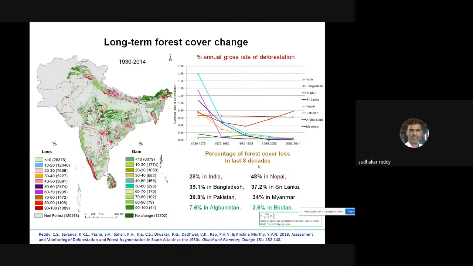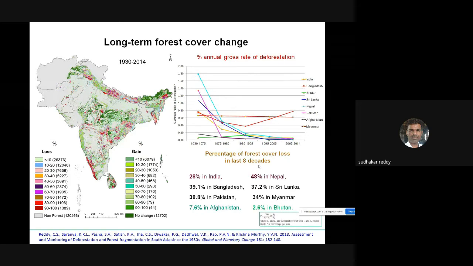Again here, Bhutan and Afghanistan have the least deforestation rate, even in the first time phase of 1930 to 1975. Then if you compare, the CBD has been in force after 1993, and India is also a signatory of the Convention on Biological Diversity. If you see 1995 to the recent period, there is a declining trend in the rate of deforestation in India, and also in Sri Lanka, Pakistan, Nepal, as well as Bhutan.